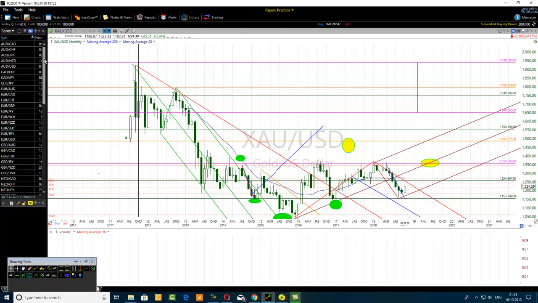We see that there are similarities, all right? Because there are similarities between, not currency correlation, but price structure similarities. So we can say the price structure of the Australian dollar US dollar is positively correlated to the price structure of gold US dollar. Okay, we are not talking about currency correlation, which is completely different.